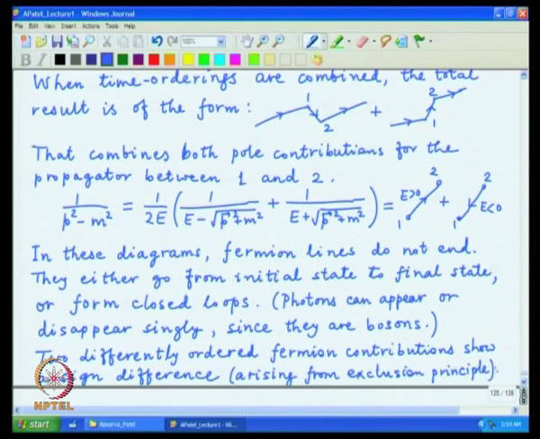It is part of this particular algebra because we are viewing a single fermion going both backward and forward in time.